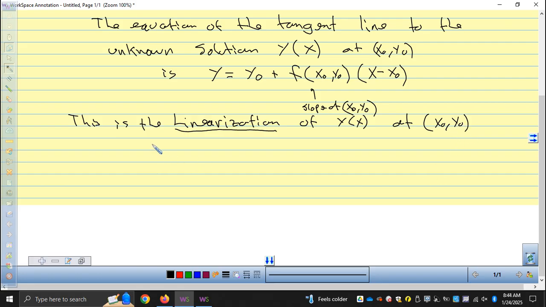And we sometimes write, as we did for the equation of a line, L of x is y0 plus f of x0, y0 times x minus x0. So when you see this L of x, that's just talking about the equation of that tangent line at that point.